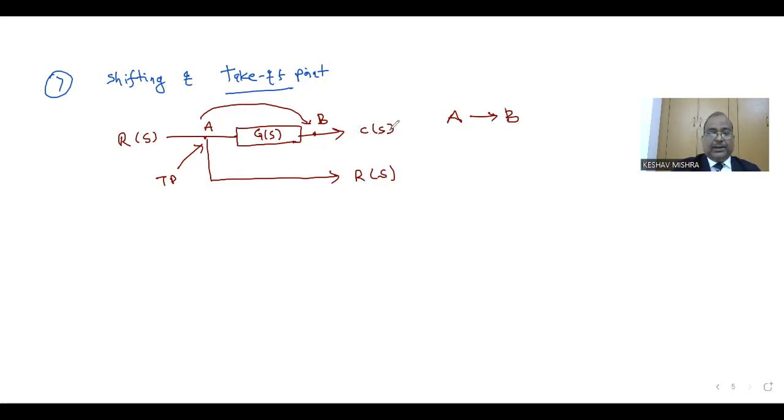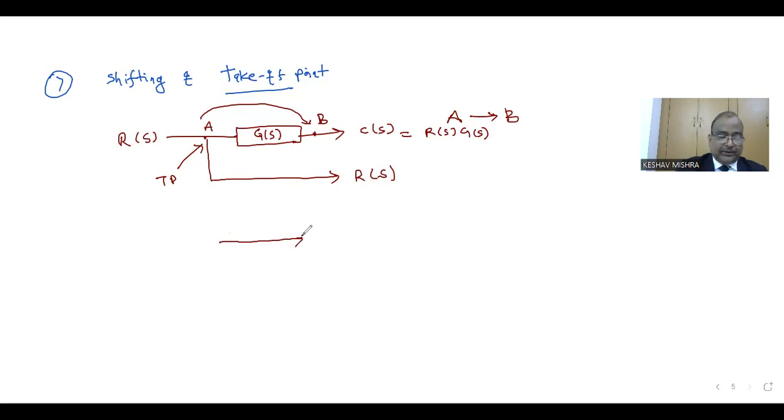If output is Cs, this Cs is Rs into Gs, and here the output is Rs. Now this takeoff point has been shifted.